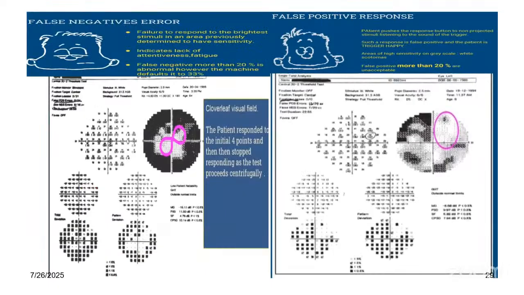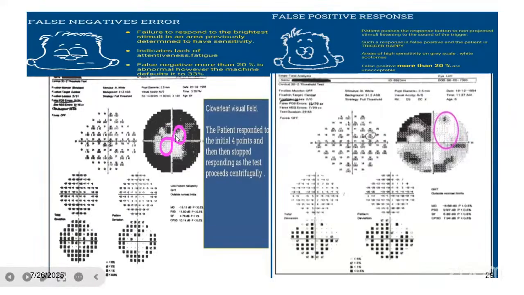So for false negative, it's usually picked up on the printouts, where when you start the test, the machine presents light intensity, especially at 4 cardinal points in the 4 quadrants. So for example, imagine presenting this initial light intensity and the patient is able to perceive them and click and record in the machine that they've seen it.